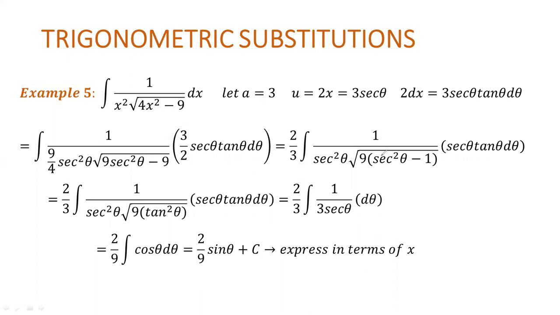Your triangle from this representation will have 2x over 3 being equal to secant of theta, or cosine of theta is equal to 3 over 2x. I think that would be shown to you in the next slide. Okay, so let's check.